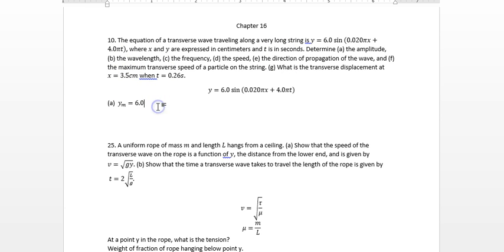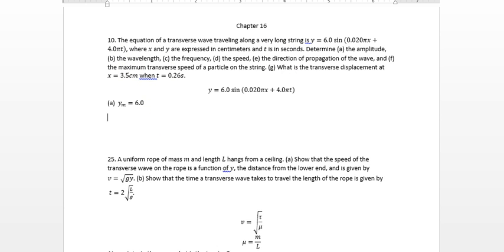The wavelength. Okay. So where do we find the wavelength in this? Well, the wavelength is here in this factor that multiplies position.